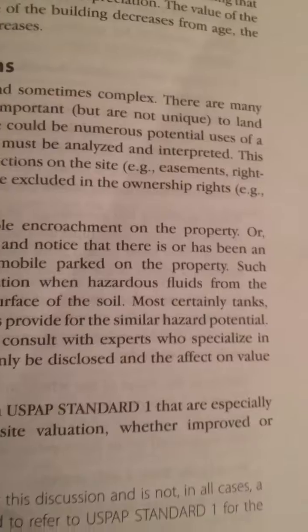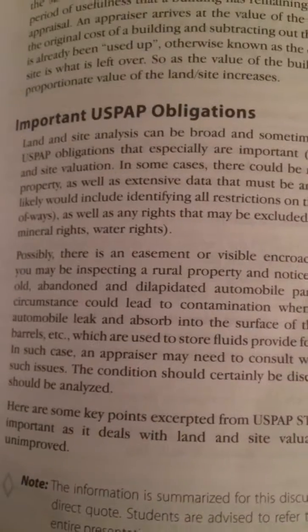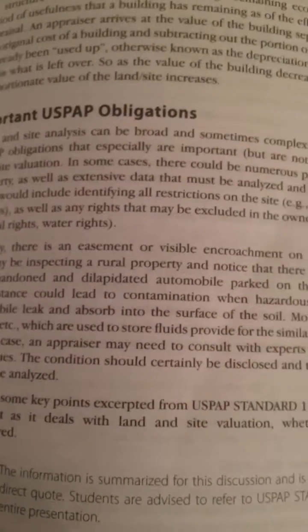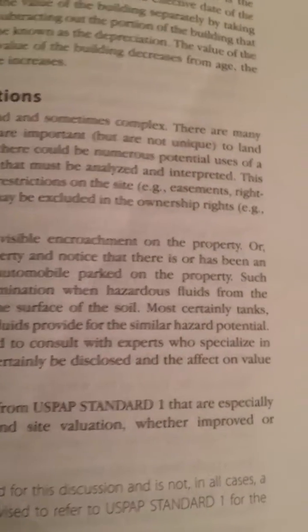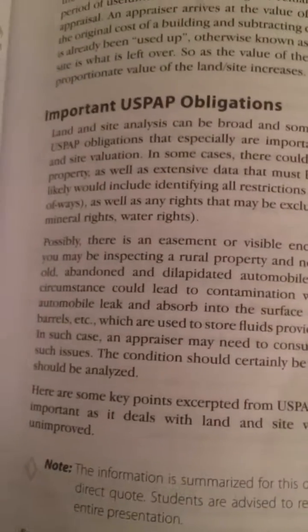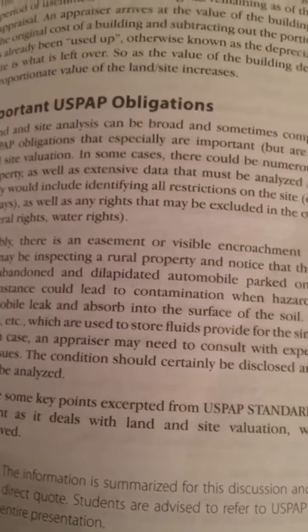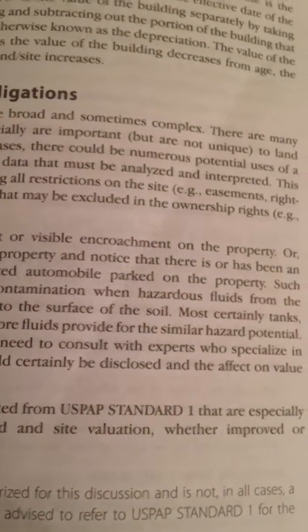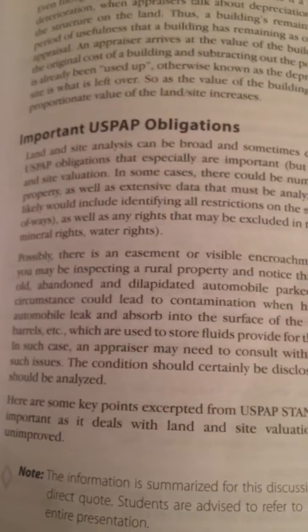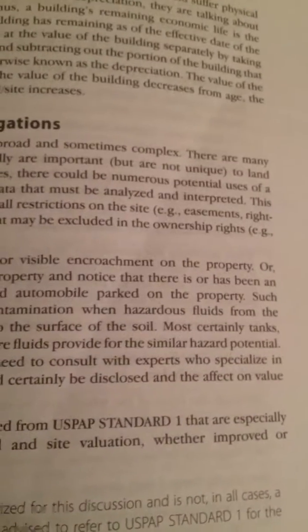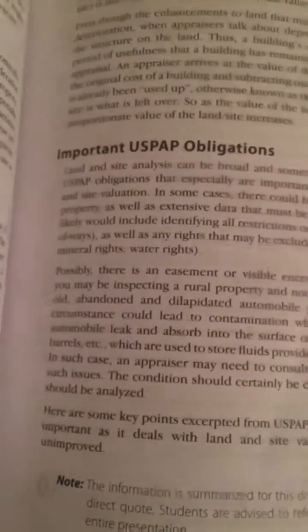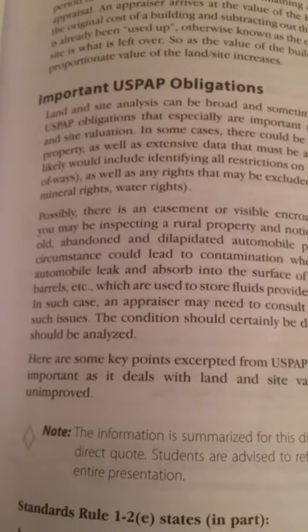Most certainly, tanks, barrels, etc., which are used to store fluids, provide similar hazard potential. In such case, an appraiser may need to consult with experts who specialize in such issues. The conditions should certainly be disclosed and the effect on value should be analyzed.